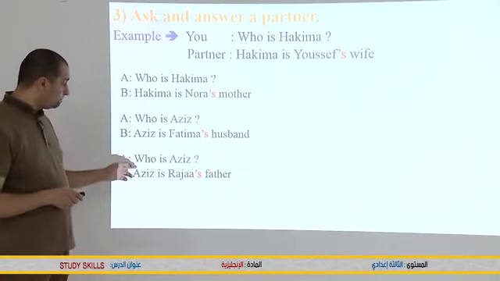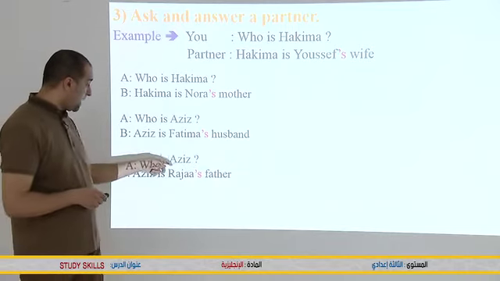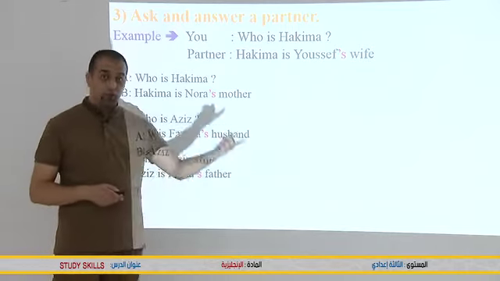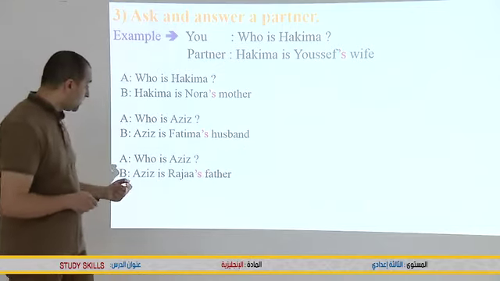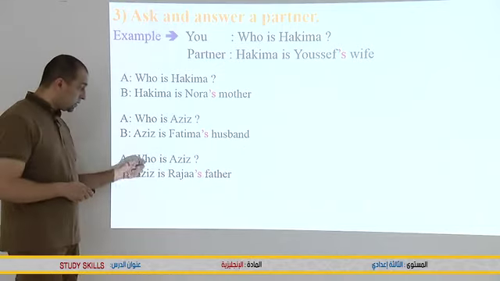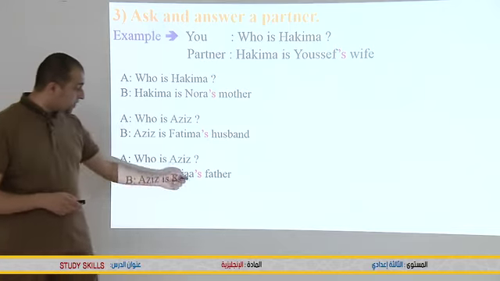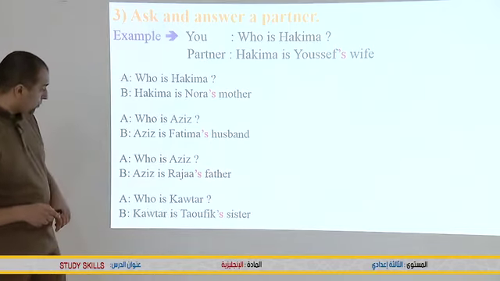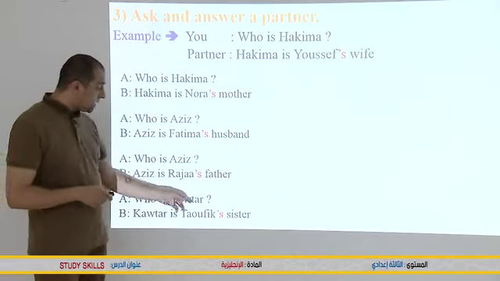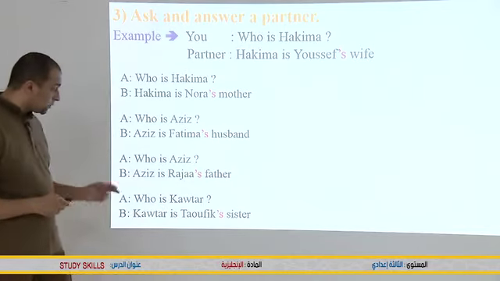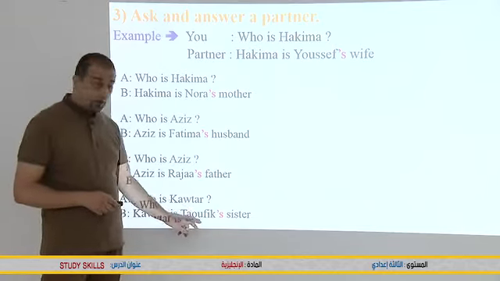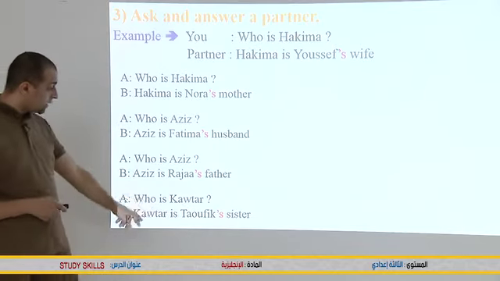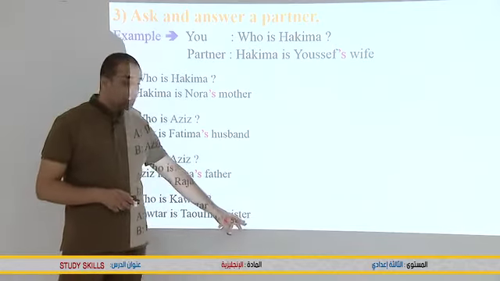Another question about Aziz: who is Aziz, but in relation to another person, Raja? Aziz is Raja's father. Another one, who is Kautar, in relation to Tawfiq? Kautar is Tawfiq's sister.